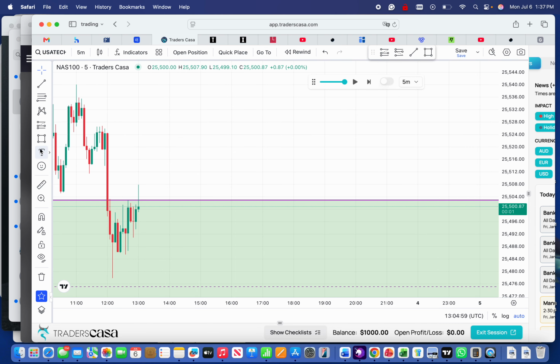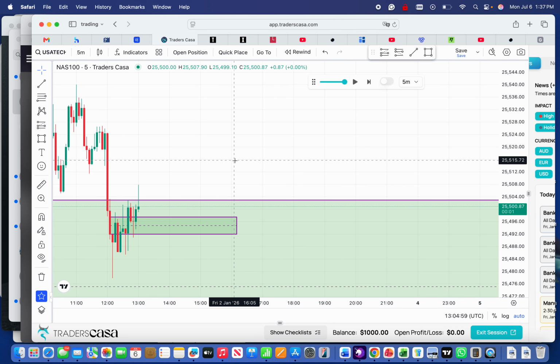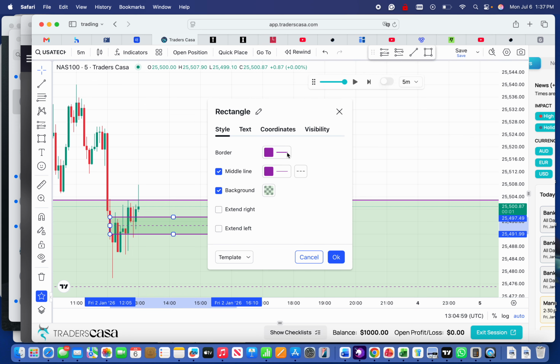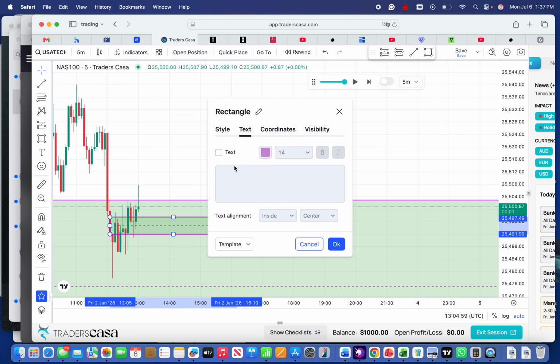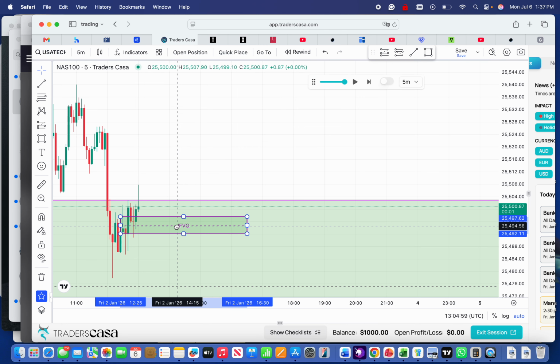And then we have this fair value gap right here on the 5-minute. Now, what did price do to this gap? Price closed, this candle right here closed above this bullish gap, making this inverse fair value gap right here.